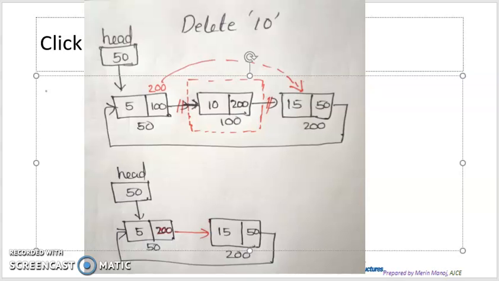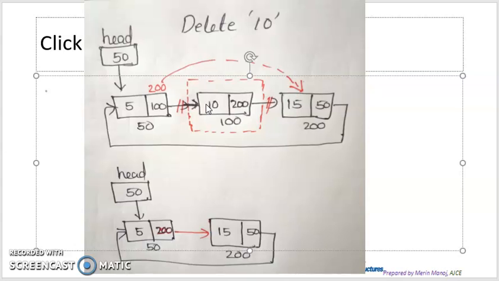If the above three conditions are false, then the node is somewhere in between the circular linked list. If we have to delete the element 10, in this example 10 is between the nodes. The node which contains 10 is not the single node, nor the first node, nor the end node; it is somewhere in between the list.